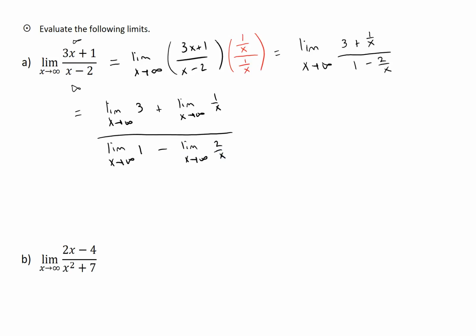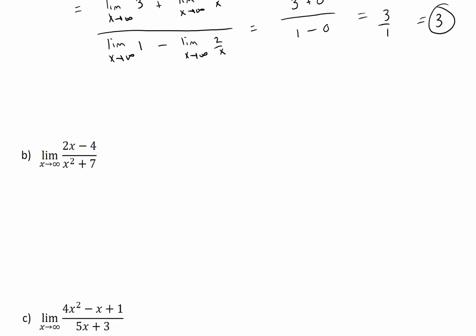And this is perfectly fine as long as you don't have a denominator that would be equal to 0, which in this case you don't. So this is 3 plus 0 divided by 1 minus 0, or 3 over 1, or 3. And that is the limit. Now, of course, you could evaluate this by plugging in values that are really large, maybe increasing powers of 10 or something like that, and you would see that it would approach 3.